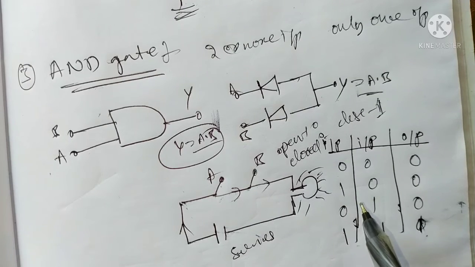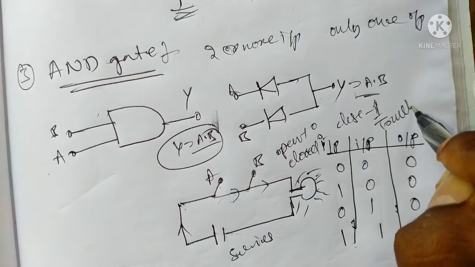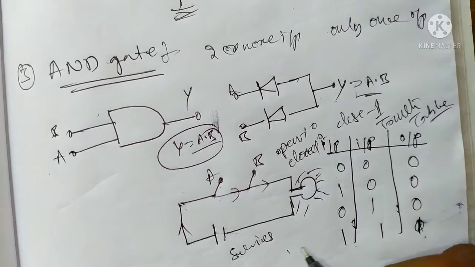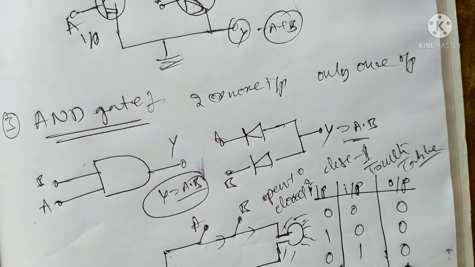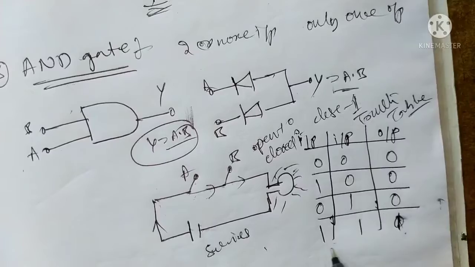This is the truth table of the AND gate.